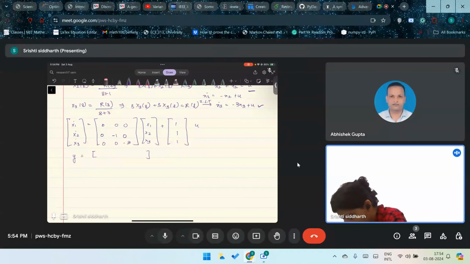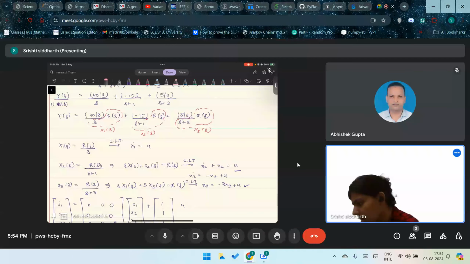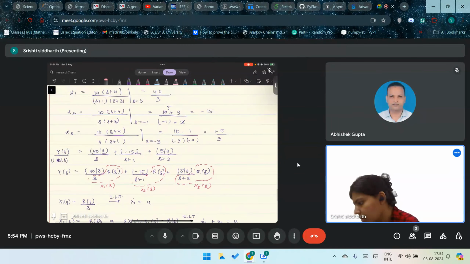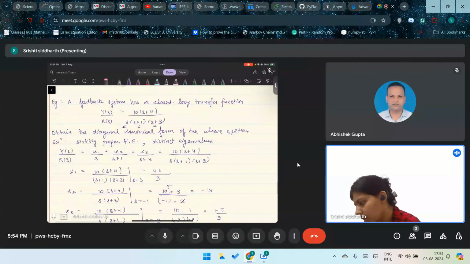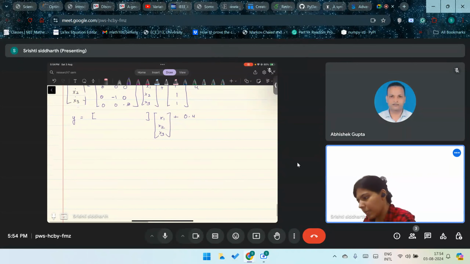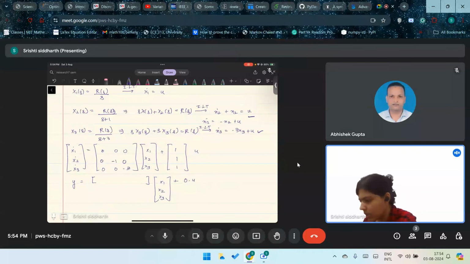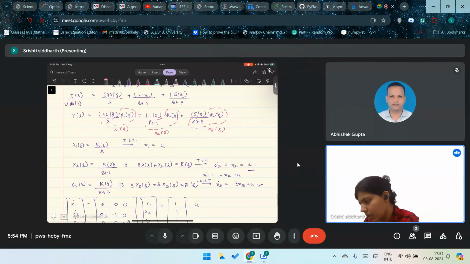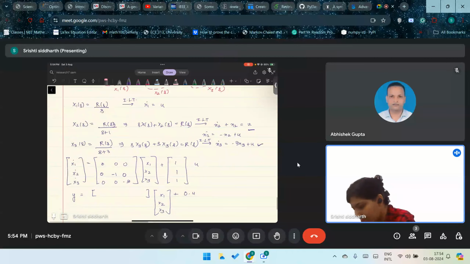And we also have this y. So it's a linear combination of x1, x2 and x3 plus, let's see, we have a strictly proper transfer function. So it would be 0 times u. And we already know what C1, C2 and C3 are. So I'm just going to write them down. 40 by 3.